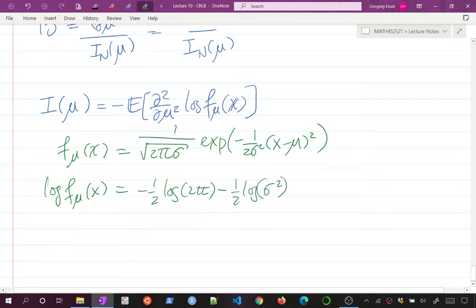We'll leave it like that. And then the log and exponential just cancel, and we get negative 1 over 2 sigma squared, x minus mu quantity squared. If you call this thing L, dL d mu, it's a bit of abusive notation. Typically, L refers to when we have multiple samples, but here it's the one sample version, and I'm lazy, so dL d mu is quick to write.